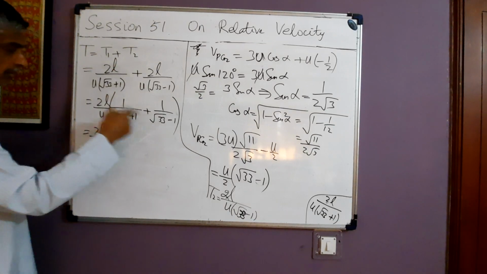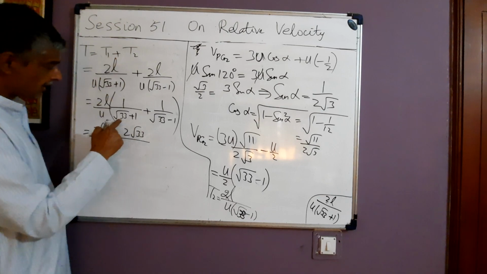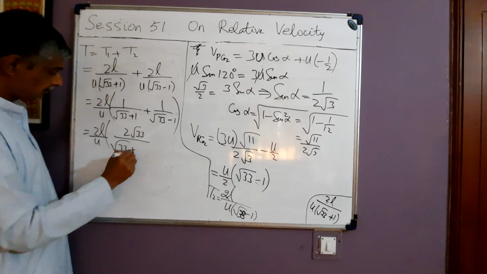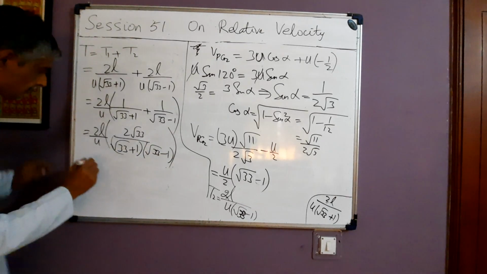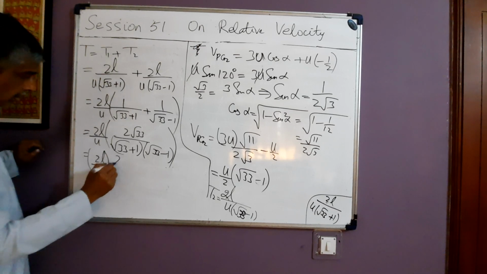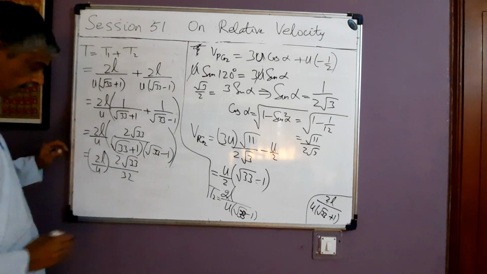L by u, when you simplify it, if you add these two, the numerator becomes 2 root 33, and the denominator is a square minus b square, root 33 plus 1 into root 33 minus 1. Okay, this becomes 33 minus 1, which is 32.